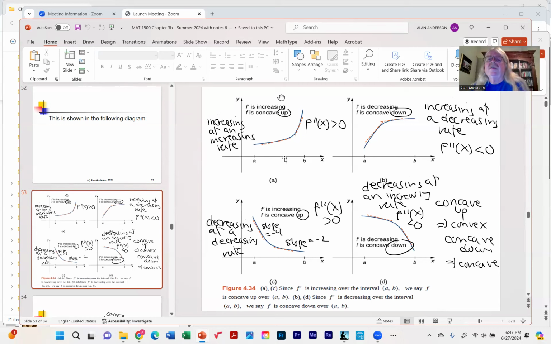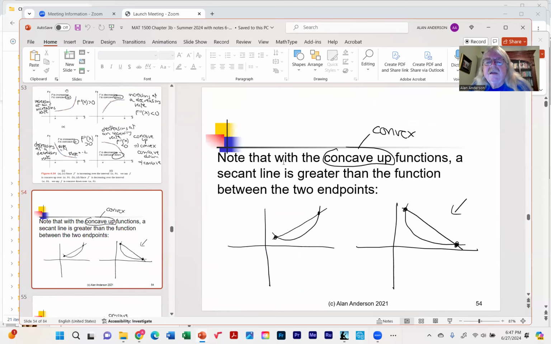And then we can use this information to help us identify maxima and minima in a slightly different way. We already have seen the first derivative test. Now we're going to introduce the second derivative test. And by the way, here's a geometric interpretation of convexity and concavity. You look at these 2 graphs. What do they have in common?